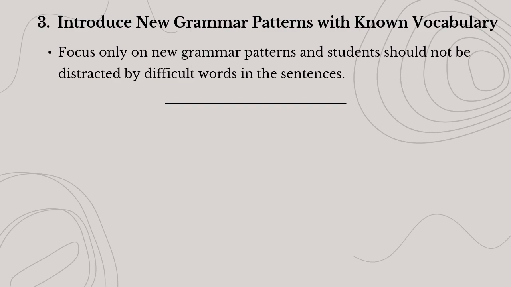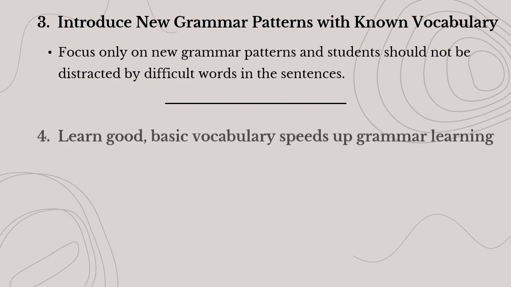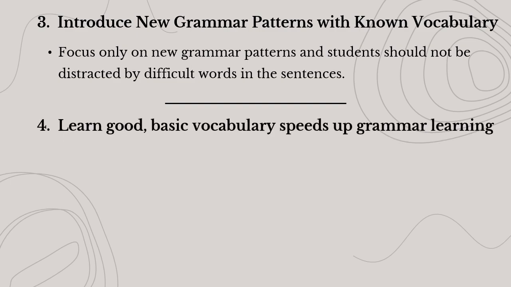Which leads us to the fourth key principle, which is that learning good basic vocabulary speeds up grammar learning. It is important that students have good and basic vocabulary in hand because this helps speed up grammar learning.